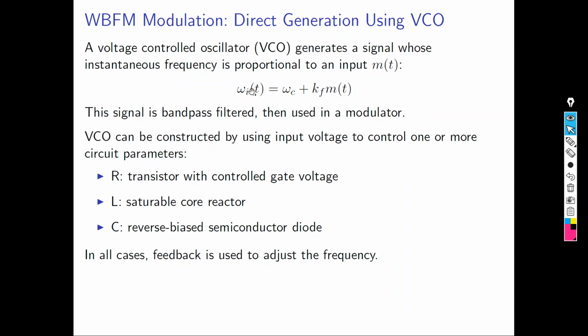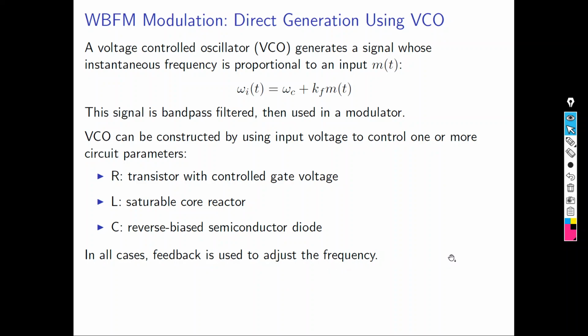So the instantaneous frequency here is equal to omega_c plus k_f m(t). This signal is band pass filtered, then used in a modulator. A VCO can be constructed by using input voltage to control one or more circuit parameters. VCO depends on these parameters, R, L, C. In all cases, feedback is used to adjust the frequency.